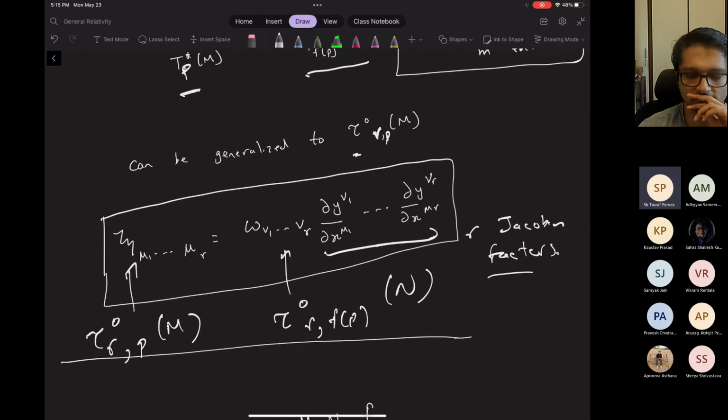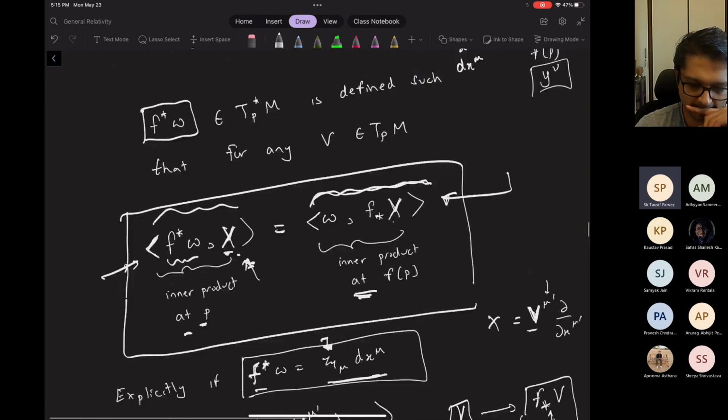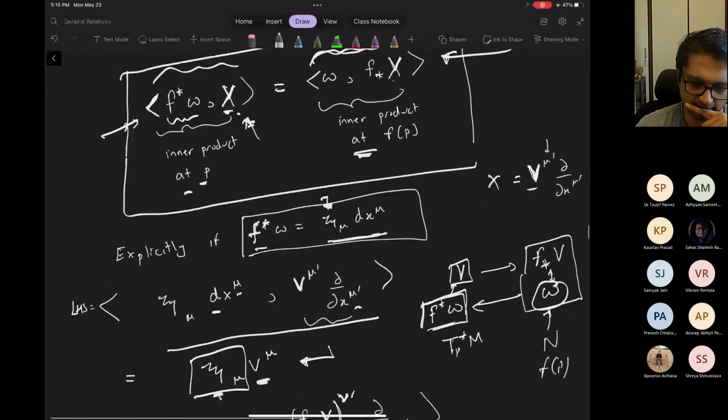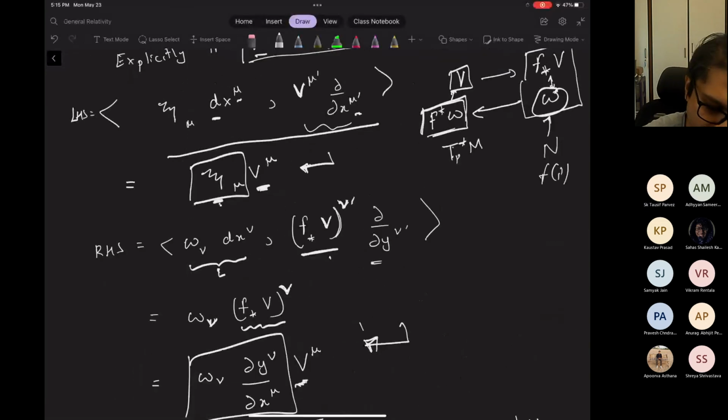Sir, when you are writing omega as omega nu dx nu, shouldn't that be omega nu dy nu? Where did I write omega? Yes, thank you, this one. Very good point, because the dual vectors are dy nu.